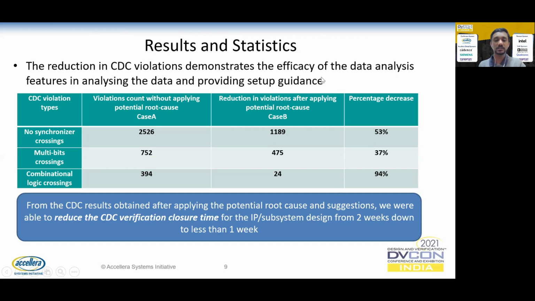Similarly, for multi-bit crossings, we observed a 37% decrease in the violation count and a 94% decrease in the combinational logic crossing violation count after utilizing the data mining suggestions. So the outcome is, from the CDC results obtained after applying the potential root cause and suggestions, we were able to reduce the CDC verification closure time for the design from 2 weeks down to less than 1 week.